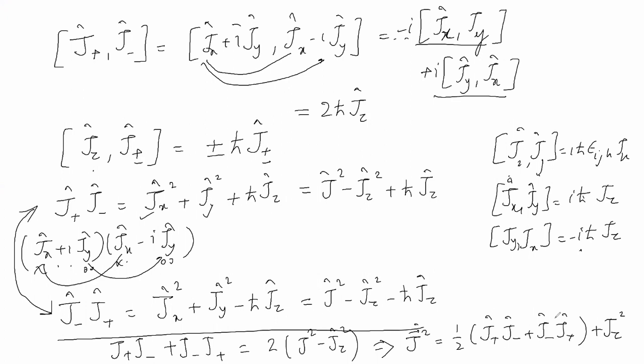Okay, J square is half J plus J minus plus J minus J plus, plus Jz square.